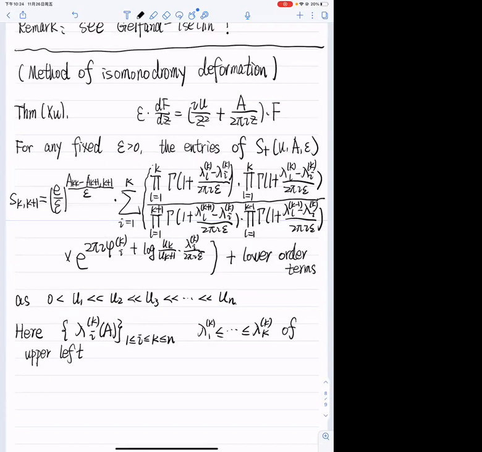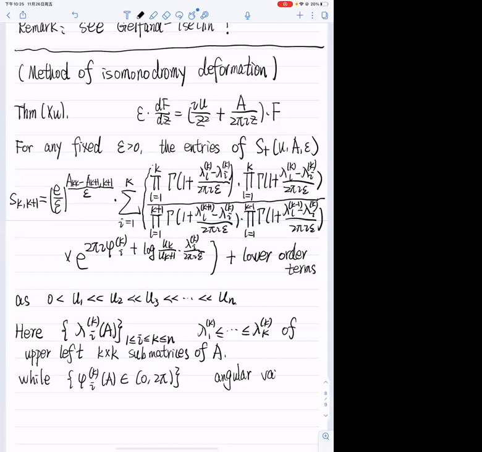Here I take upper left. These are eigenvalues, which are real numbers for Hermitian A. Well, the phi_ki here are simply the corresponding Gelfand-Tsetlin angle variables.